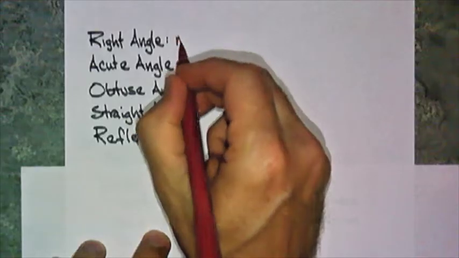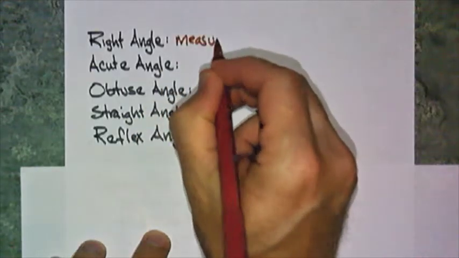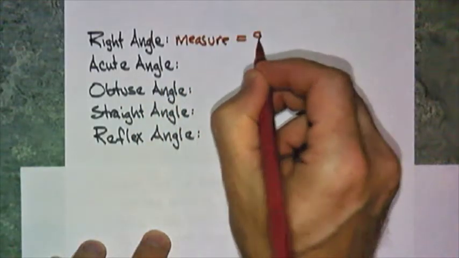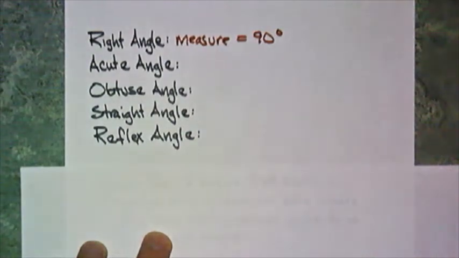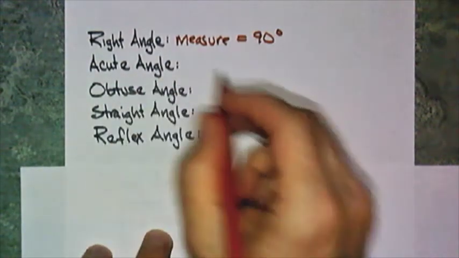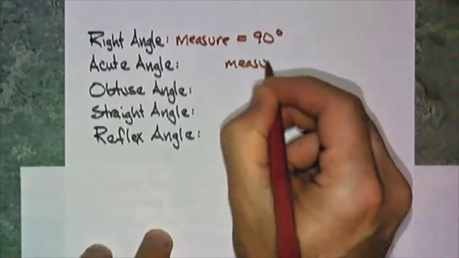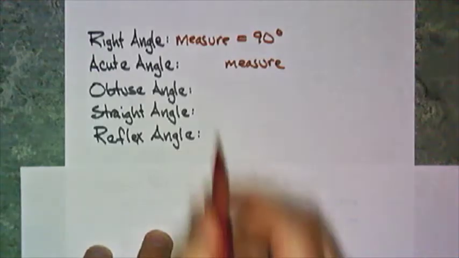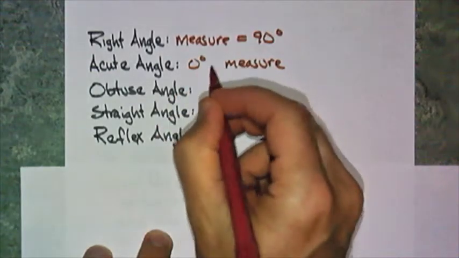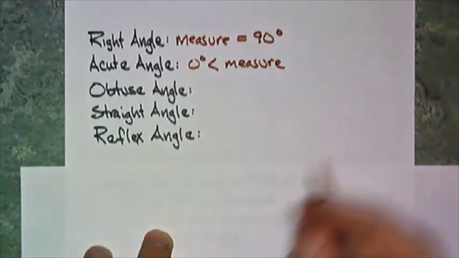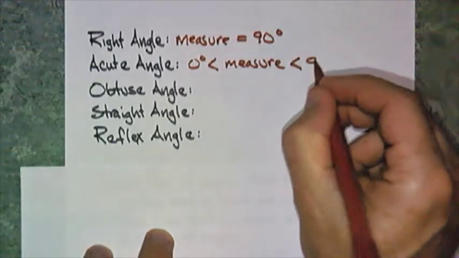Okay? So, a right angle, of course, is an angle whose measure is equal to 90 degrees. Acute angle is an angle whose measure is greater than 0 degrees and less than 90 degrees.